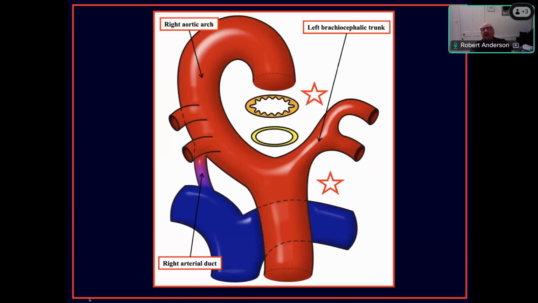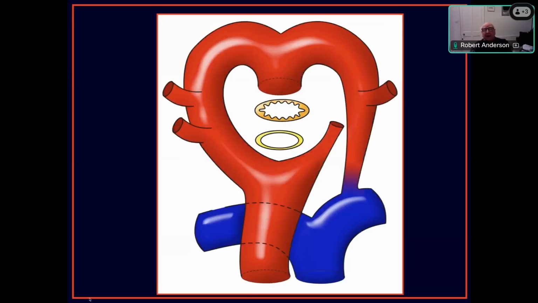And in fact, the situation where we have right arch with left-sided arterial duct is probably the commonest form of vascular ring. So let's look at that in the setting of the hypothetical double arch. So there is our right aortic arch. It's giving rise to the right common carotid, right subclavian arteries.